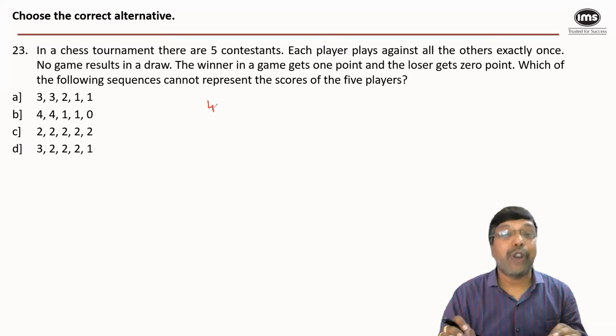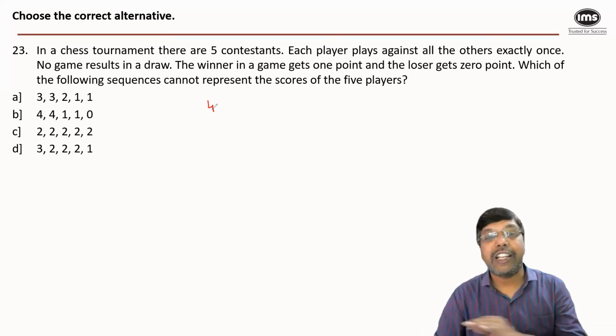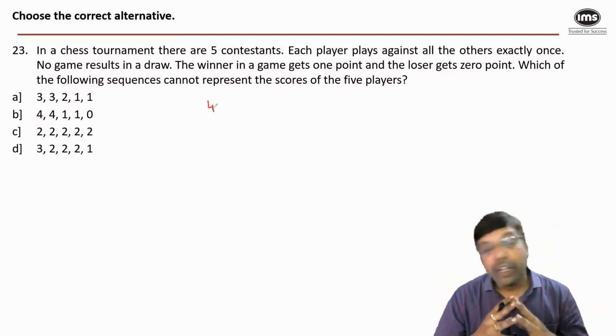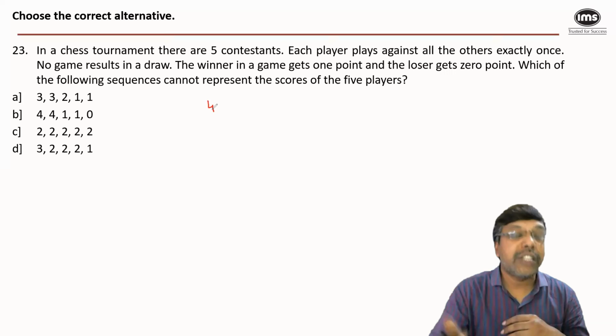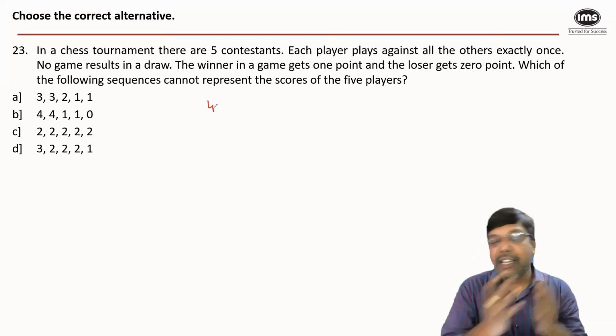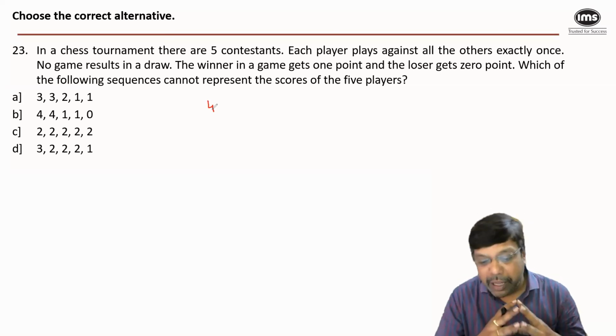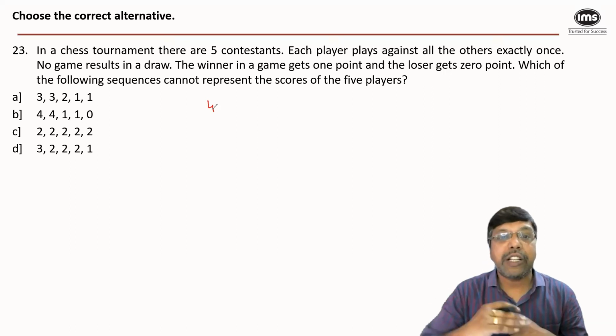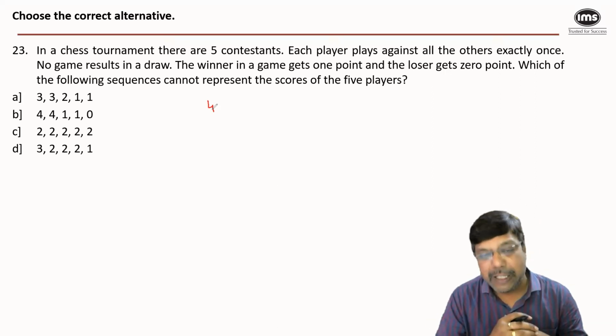The moment in a tournament when it is mentioned that there are no draws, half the problem is solved, because tournament problems involving the possibility of certain matches ending up in a draw are slightly complicated. Now, every match gives me a result, either a win or a loss. Now, which of the following sequences cannot represent the scores of 5 players?